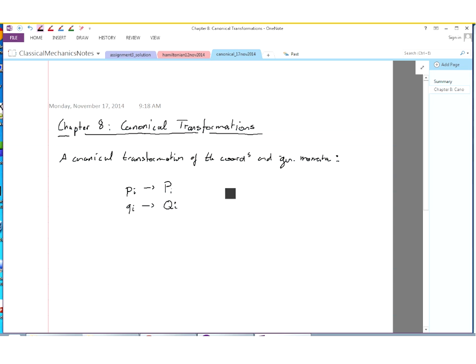The q_i will go to capital Q_i, so that's some transformation. And then the Hamiltonian, which we would normally write as a function of the little q_i, the little p_i, and t, we write as K of the big Q_i, the big P_i, and t. Sometimes people will call K the Kamiltonian, but it's not really.